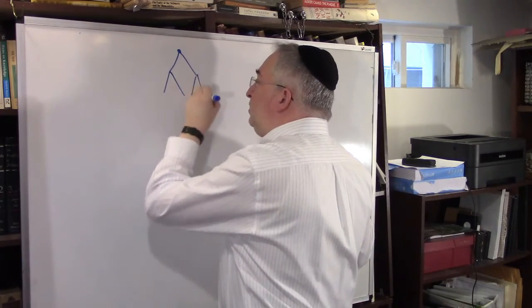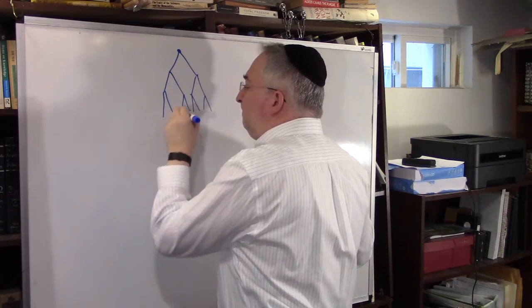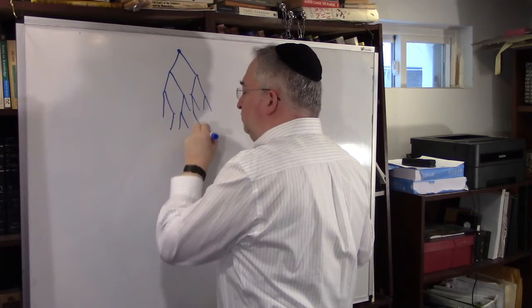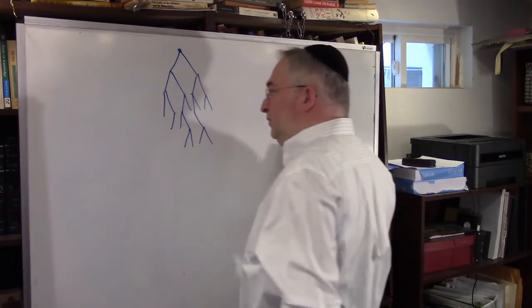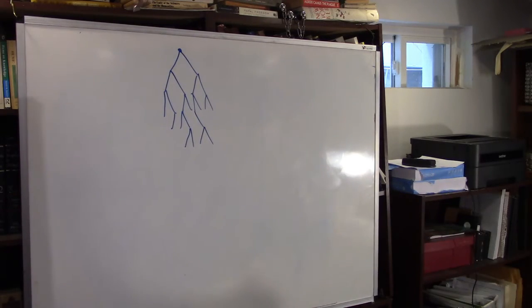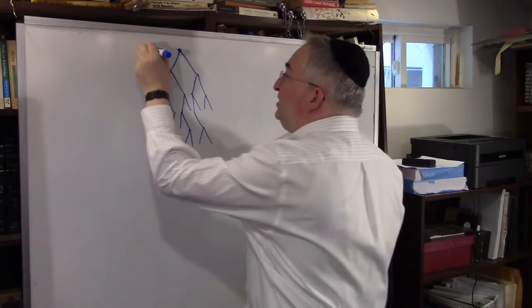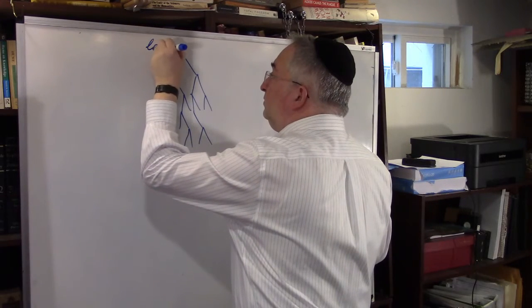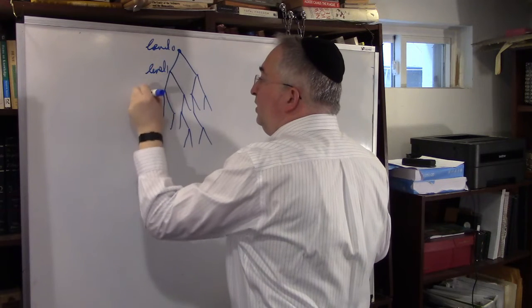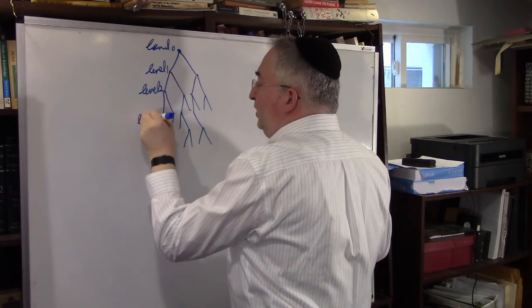Okay? Great. We're going to use what we just did with that summation sign. This is level 0. Level 1, level 2, level 3, etc., etc.